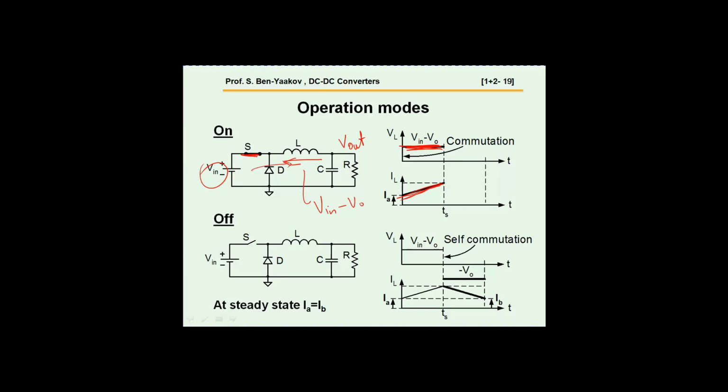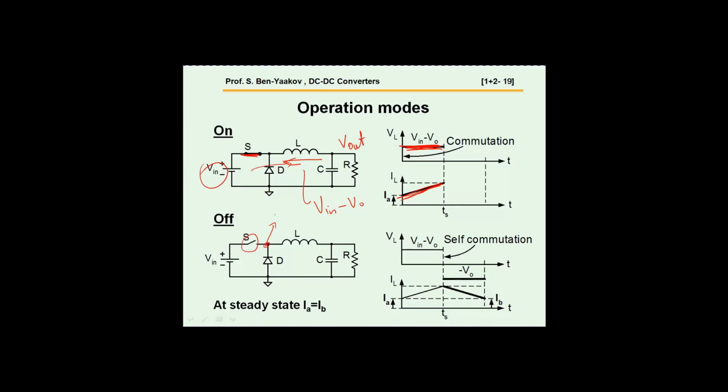Now, during the off time, what is happening? Well, there is an interruption of the current, and there is a spike here, or you might say there's a tendency to develop a spike, or the voltage is changing very quickly because you have interrupted the current. The di/dt is very high.